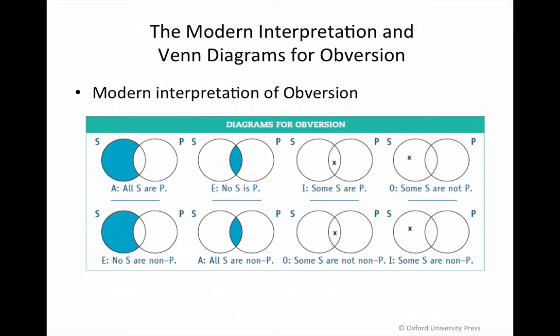Notice that the diagrams are identical from A to its obverted claim, which is E, E to its obverted claim, which is A, I to its obverted claim, which is O, and O to its obverted claim, which is I. In addition, the obverted claim always adds the class complement to the predicate, and you'll see that the resulting diagrams are identical to the original. That tells you that since these propositions are logically equivalent, you can infer one from the other.